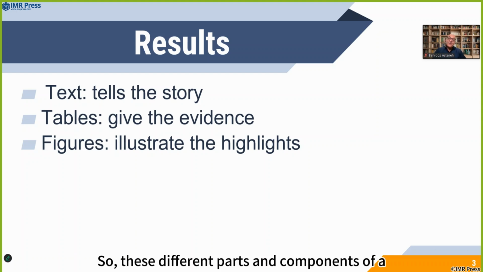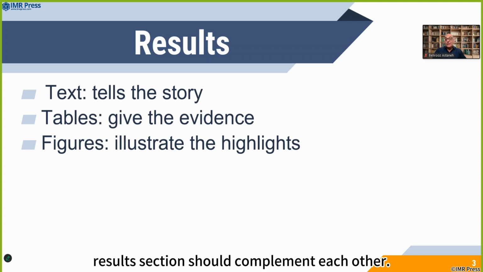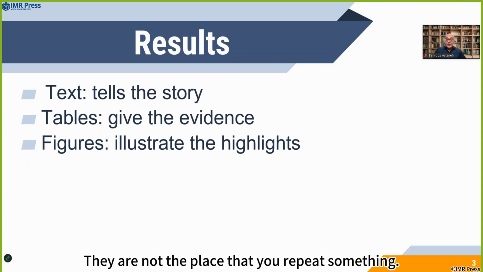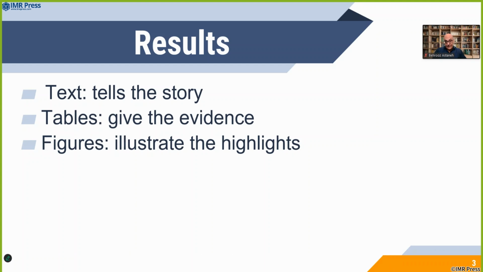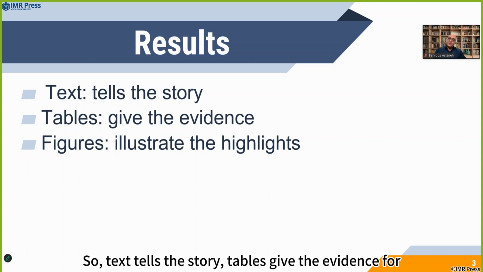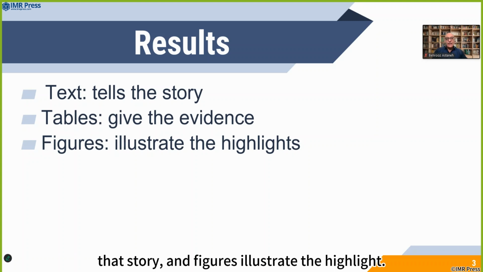So these different components of a results section should complement each other. They are not the place where you repeat something. Text tells the story, tables give the evidence for that story, and figures illustrate the highlight.